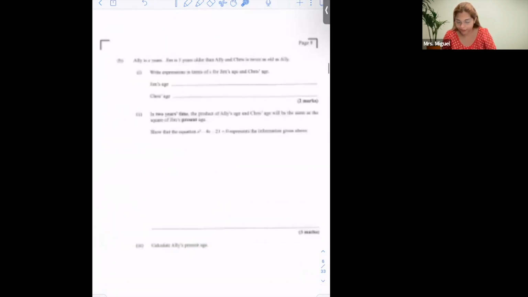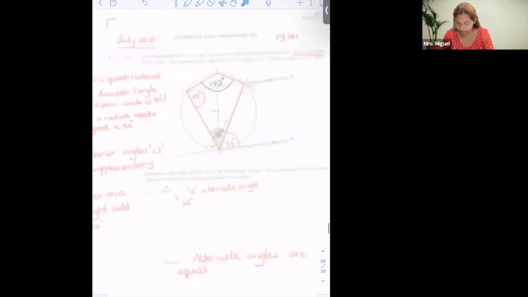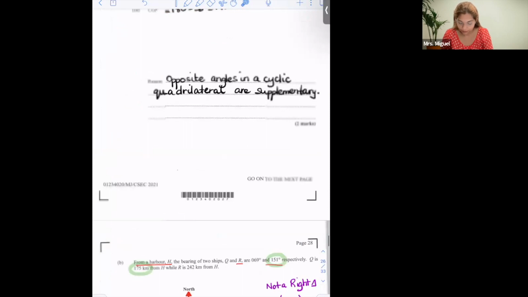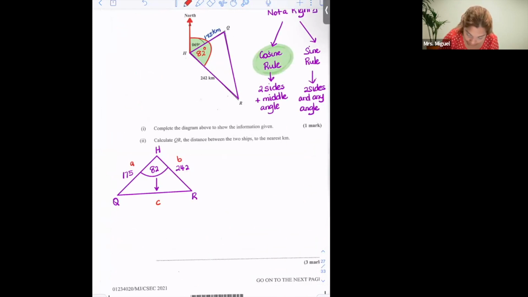The only thing is they don't have a triangle. Let me do it like how they have it in the booklet.